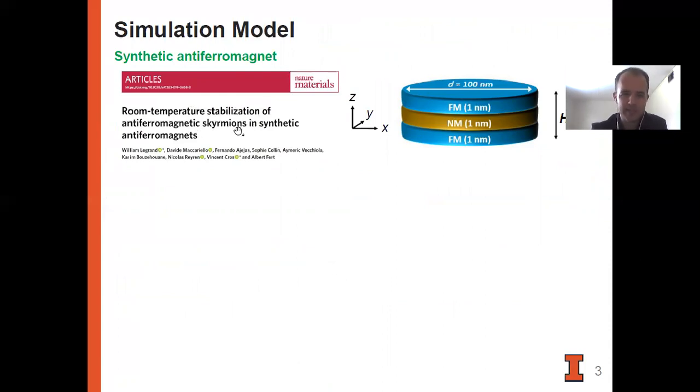So the simplest way to realize a synthetic antiferromagnet would be to have such a trilayer here, where you have a ferromagnet, another non-magnetic layer, and another ferromagnet layer, and these two ferromagnetic layers are coupled antiferromagnetically by means of an RKKY interaction.